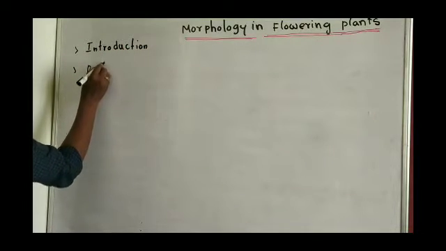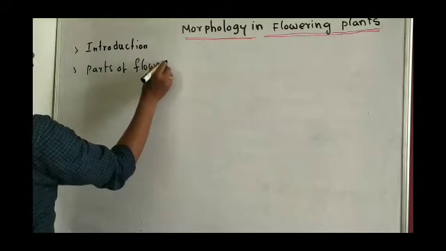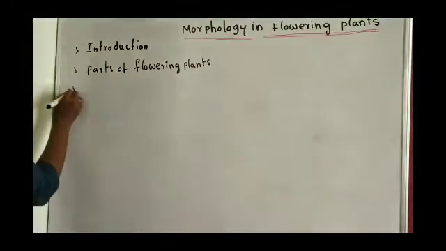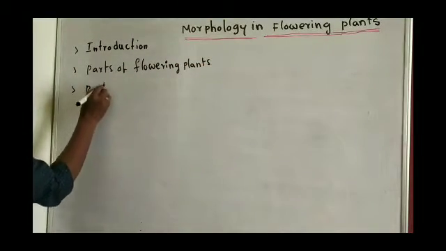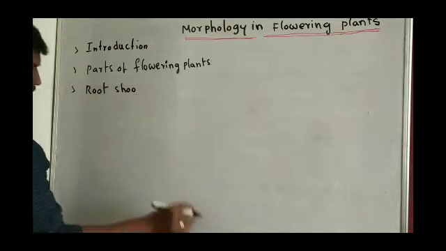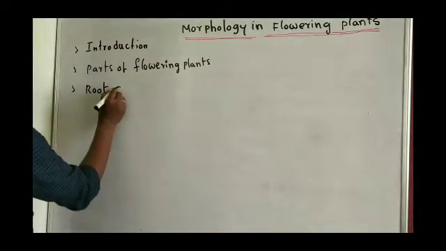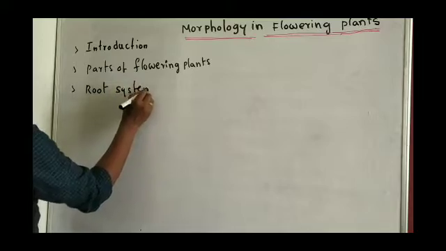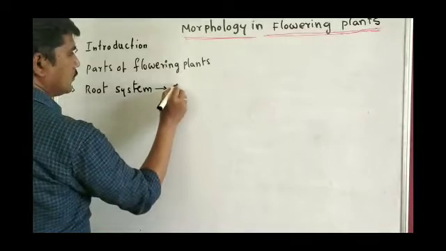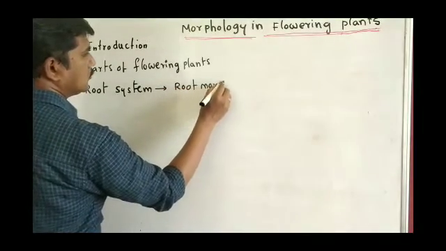Parts of flowering plants. Next, we're going to discuss the root system. Under the root system, we're going to discuss root morphology. Very important.